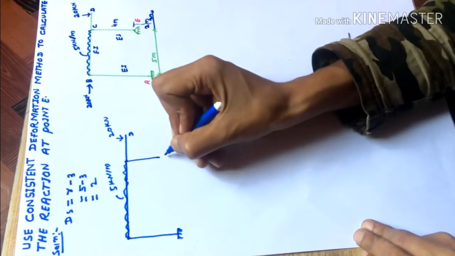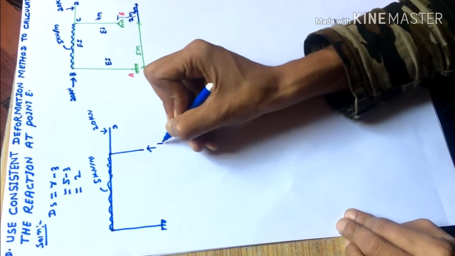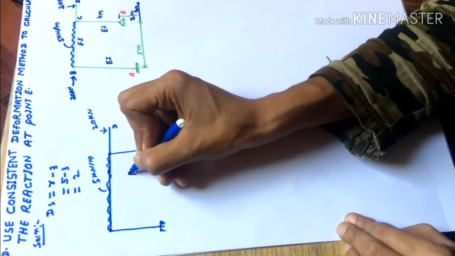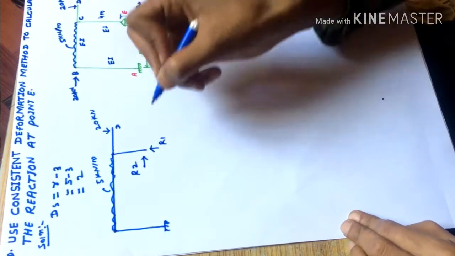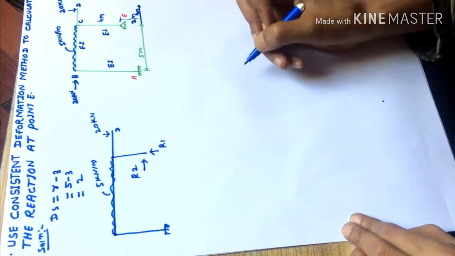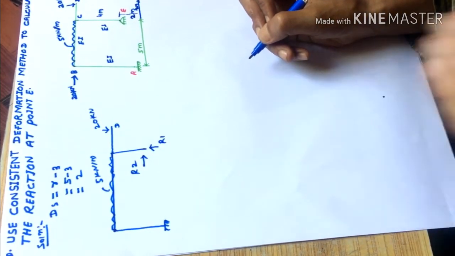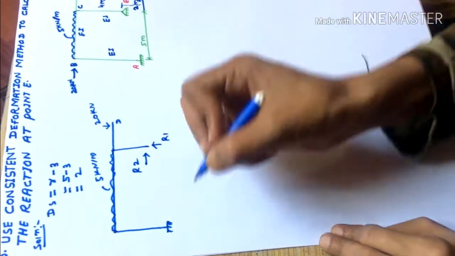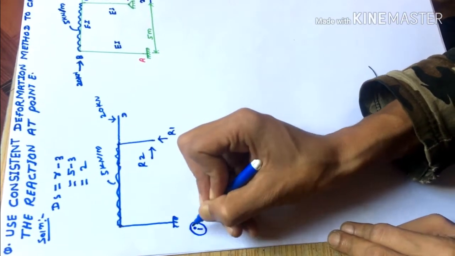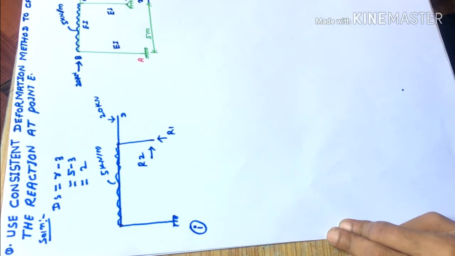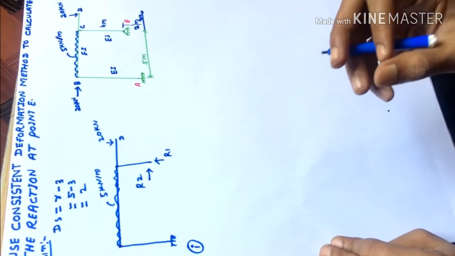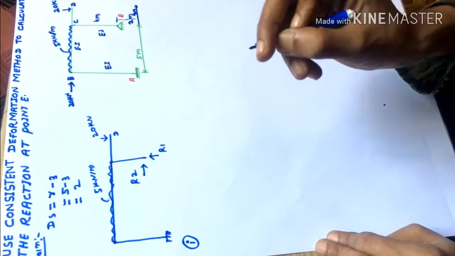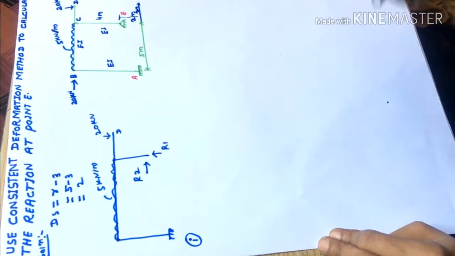Here at the hinge support, let R1 be the vertical reaction and R2 be the horizontal. So let us assume R1 and R2 are the redundants in this frame, so as to change this frame into a determinate one. The choice of redundants depends on you, because there is no rule for choosing redundants in a structure.